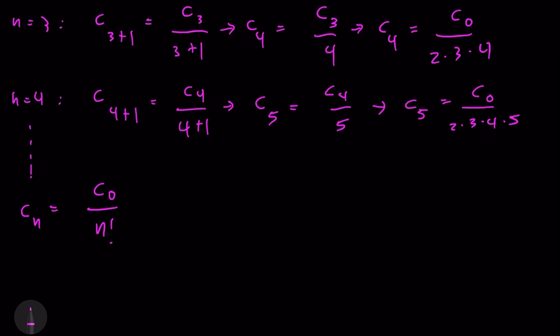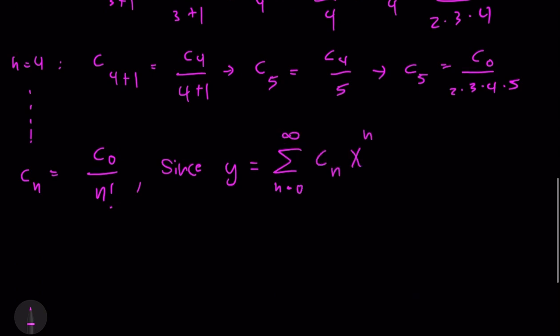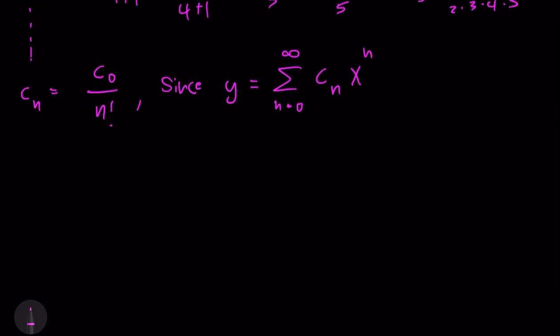So with this in mind, now we could say that since our goal is to find y, it's the sum from 0 to infinity. We defined it to be this way, c sub n x to the n, but we found c sub n, so therefore y is the sum from 0 to infinity of c sub 0 over n factorial x to the n.